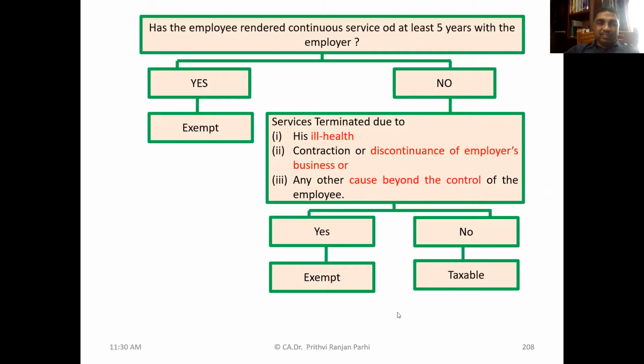In that situation, has the employee rendered continuous service of 5 years with the employer? If it is yes, it is exempt. If it is no, then you have to see why the services were terminated and why he could not continue for 5 years. Is it due to his ill health? Is it due to contraction or discontinuance of the employer's business? Or is it due to some cause beyond the control of the employee? If the answer to these 3 questions is yes, then it is still exempt. If it is no, it is taxable.